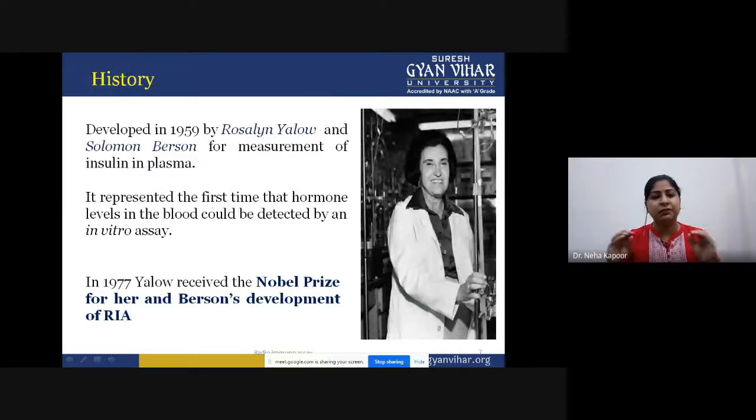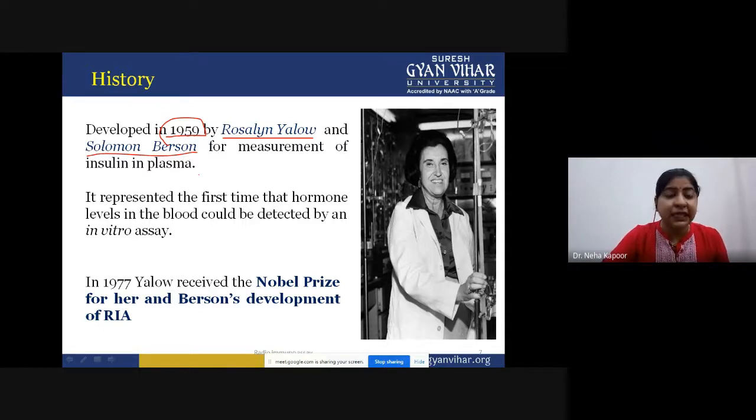Now, a brief history: who discovered it and how it revolutionized the complete diagnostic area. This technique was developed in 1959 by two scientists, Rosalyn Yalow and Solomon Berson, for the measurement of insulin in plasma.